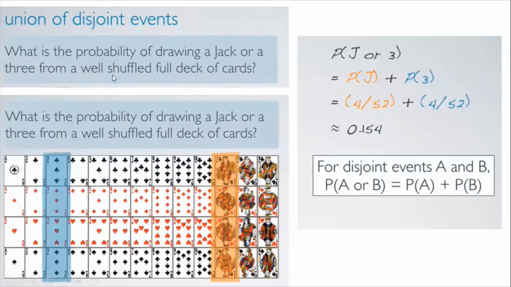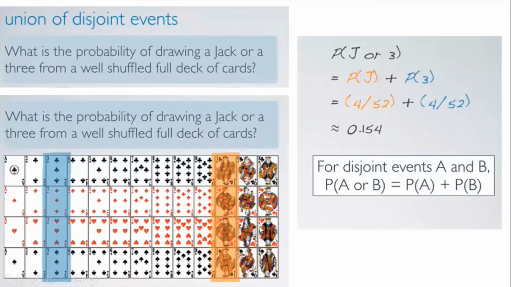So here's a jack, and here's a three. We look at the probability of getting a jack and the probability of getting a three. They do not intersect with each other.